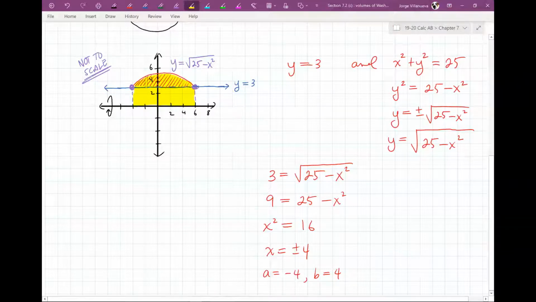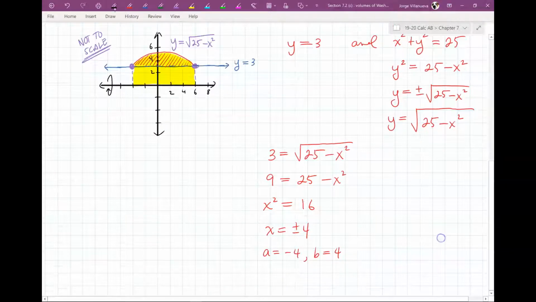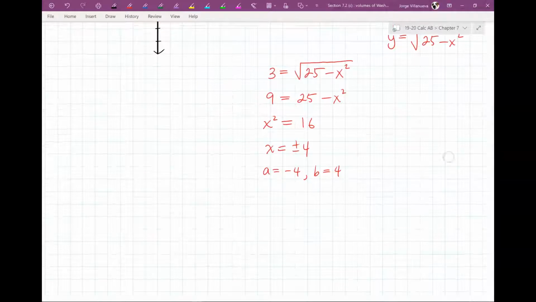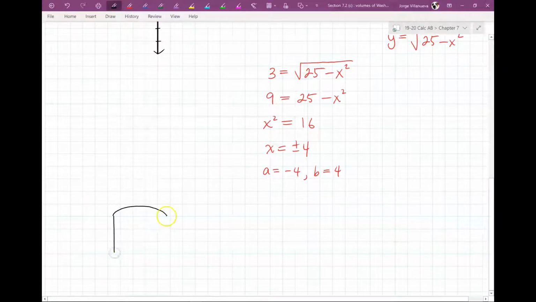And then, after I'm done with all of that, let me draw this out really quick. So we're going to start off with a shape that looks like this. And then we're going to subtract. What am I going to subtract from that? Because I want to get just this piece here.